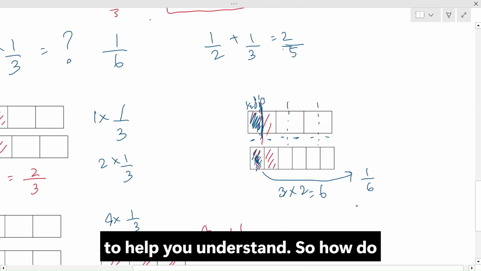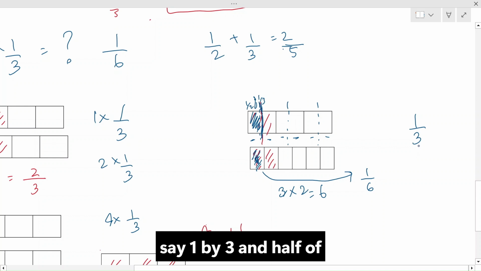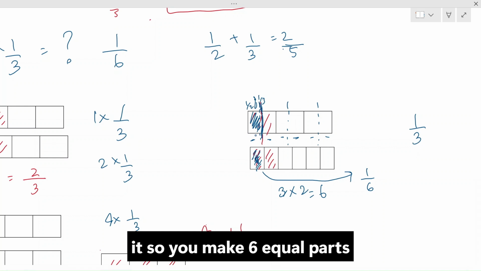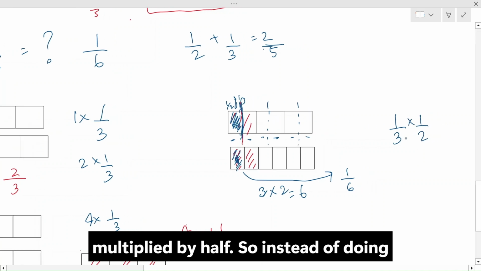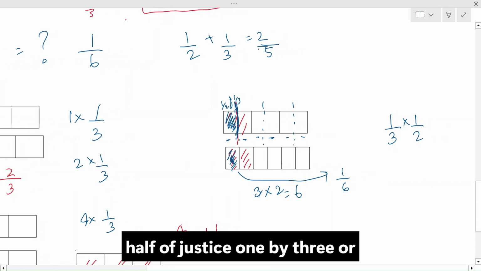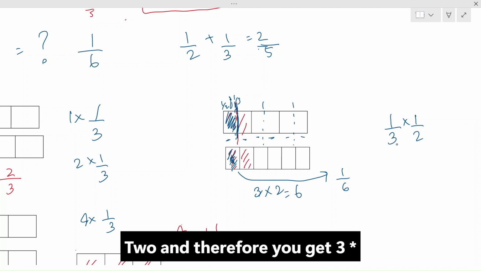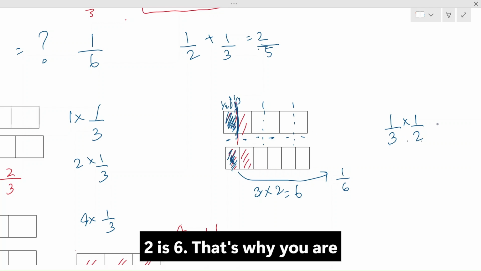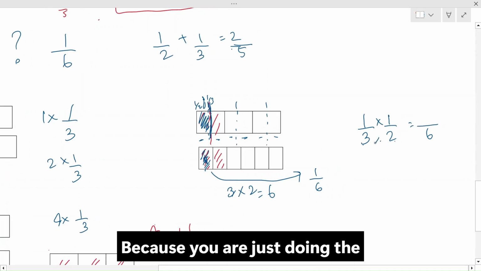So how do we do it numerically? When you say 1 by 3 and half of it, you make 6 equal parts because the denominator should be 2, so multiplied by half. So instead of doing half of just 1 by 3, you are dividing all the other equal parts into 2, and therefore you get 3 times 2 is 6. That's why you are multiplying the denominators.